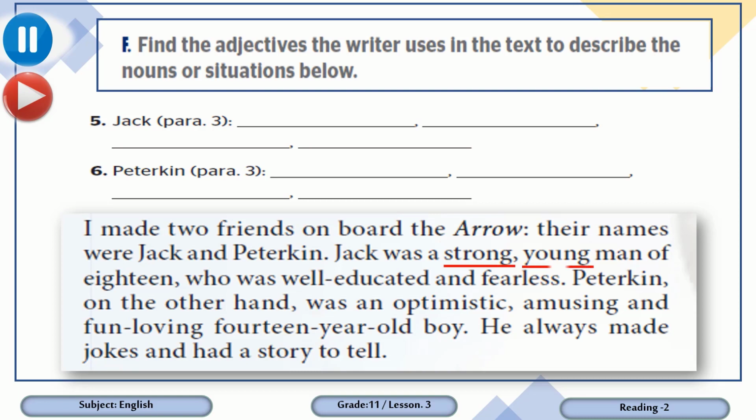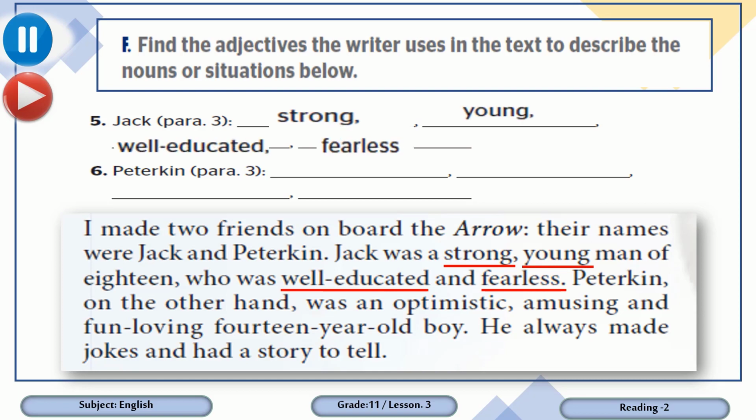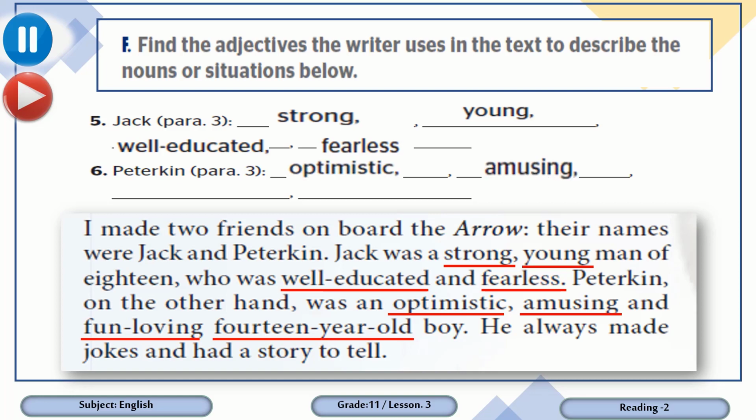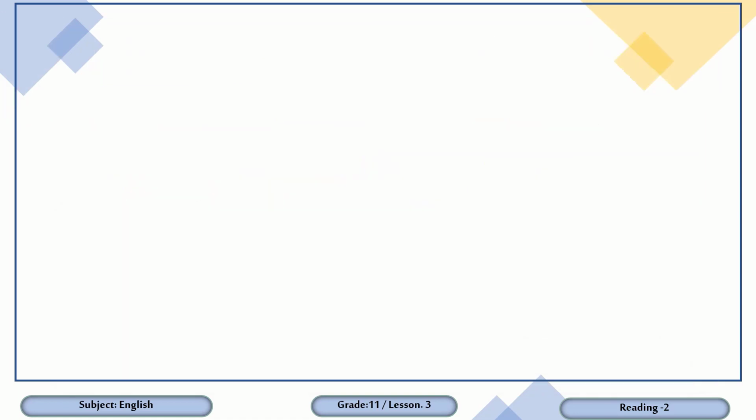Jack in paragraph 3 was very good, strong, young, well-educated, and fearless. Peter Kane was described to be excellent, optimistic, amusing, fun-loving, 14-year-old.